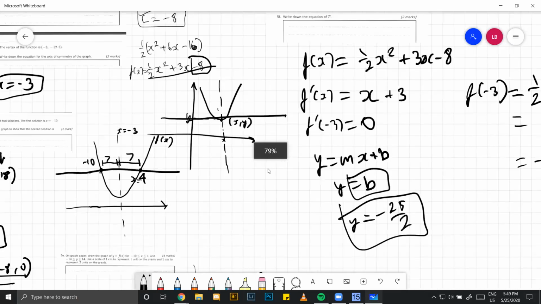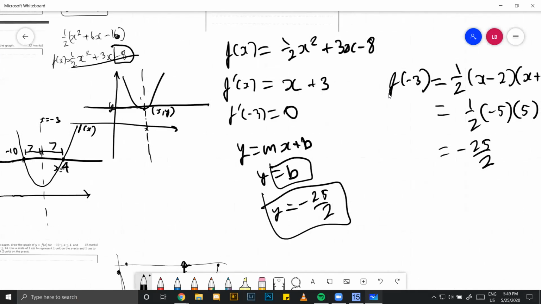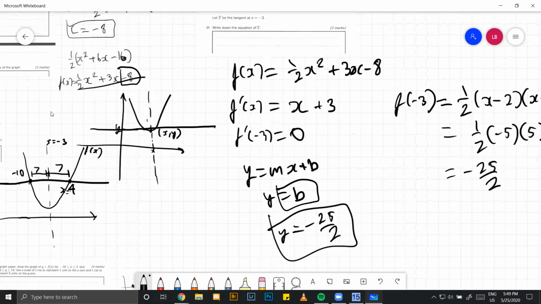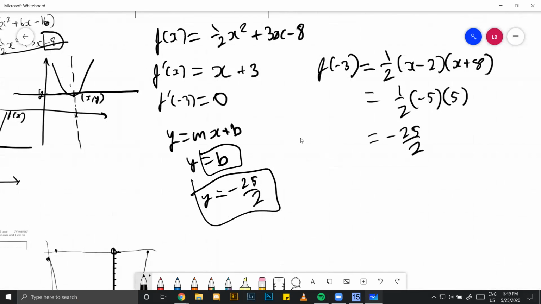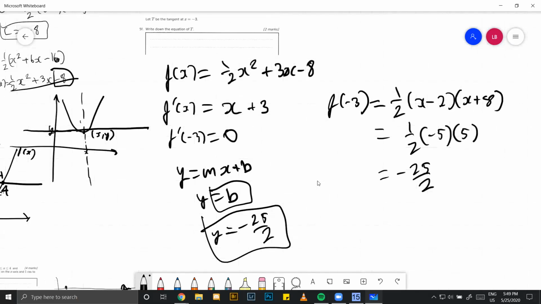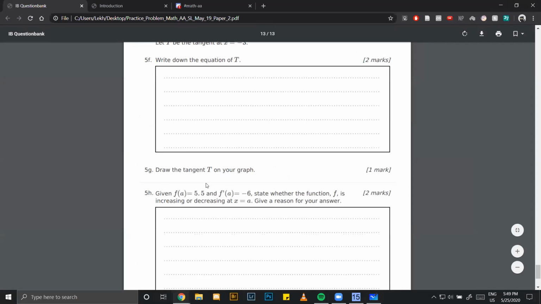So I did exactly the same thing in a longer and harder way. But you could also have done it by recognizing that it's the vertex, and then you know the tangent at the vertex is just equal to the y value of the vertex.